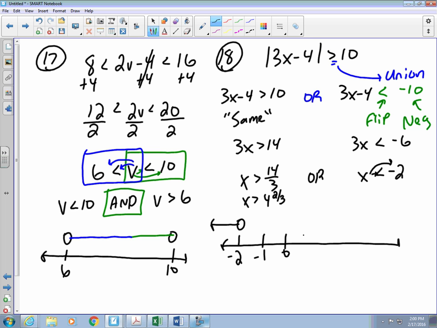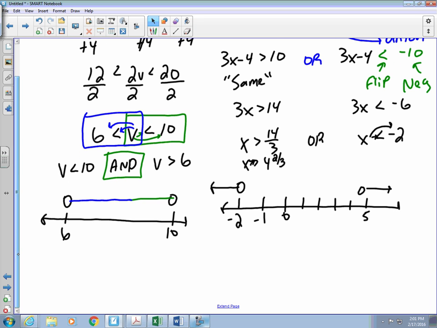So a little shy of 5. 1, 2, 3, 4, 5. And again, that's an open circle. It's not at 5, it's 4 2/3, so a little bit shy of 5. And it would be to the right because this is a greater than symbol. You're going to be opening first. And the unions always go in separate directions.